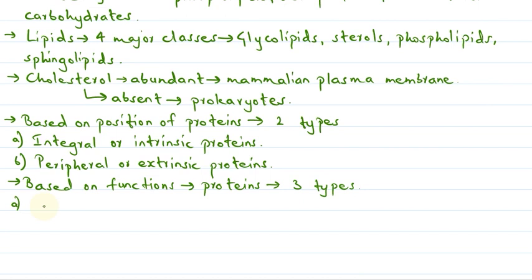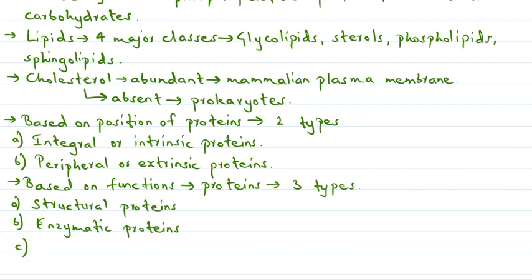One is the structural proteins, the second one is enzymatic proteins, and third one is transport proteins. Okay, so these are the three types of proteins based on the functions of the proteins.